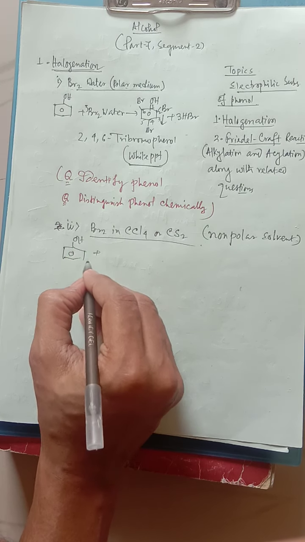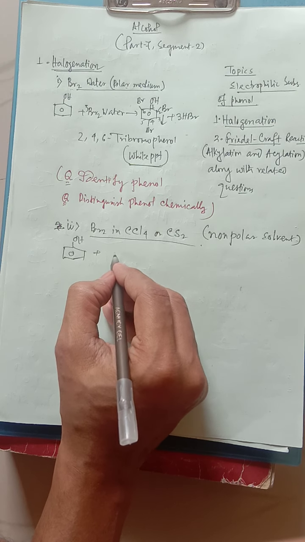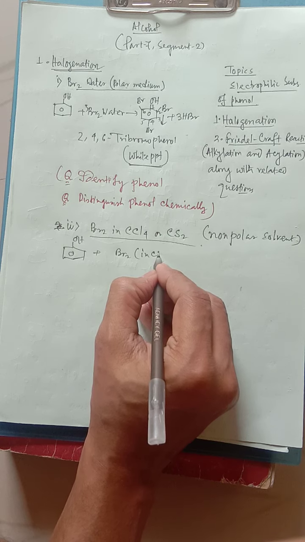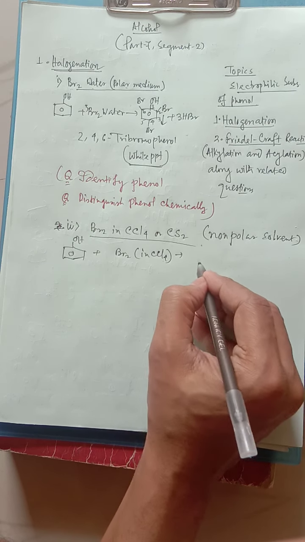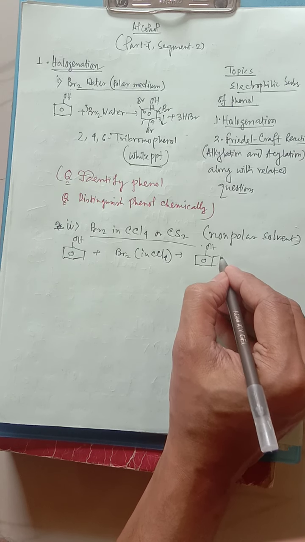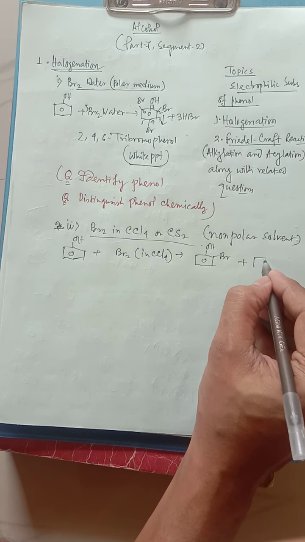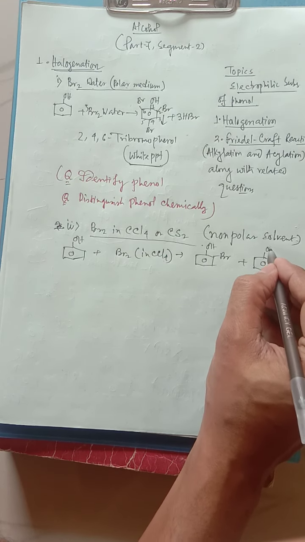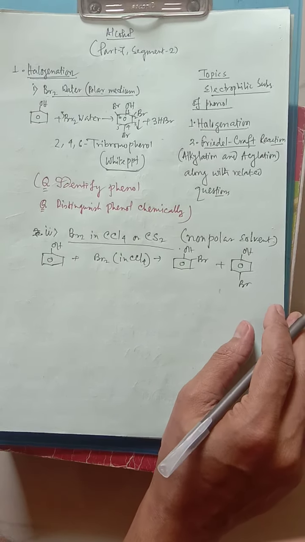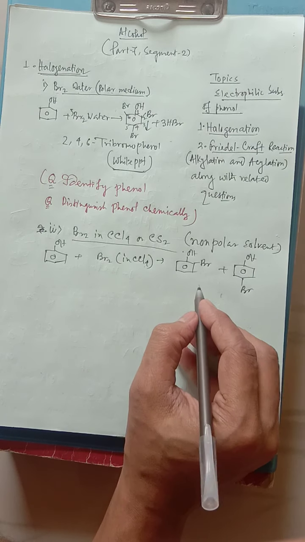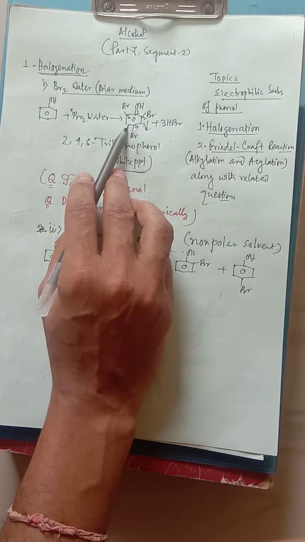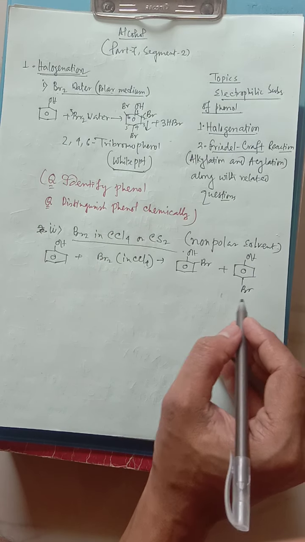Look here carefully. Whenever Br2 in CCl4 is used, the product that will be prepared has OH, this is Br, and one ortho compound is prepared, another para compound is prepared. Ortho as well as para compound is prepared, but mind that it is a mono-substituted product. Initially it was tri-substituted, now it is mono-substituted.